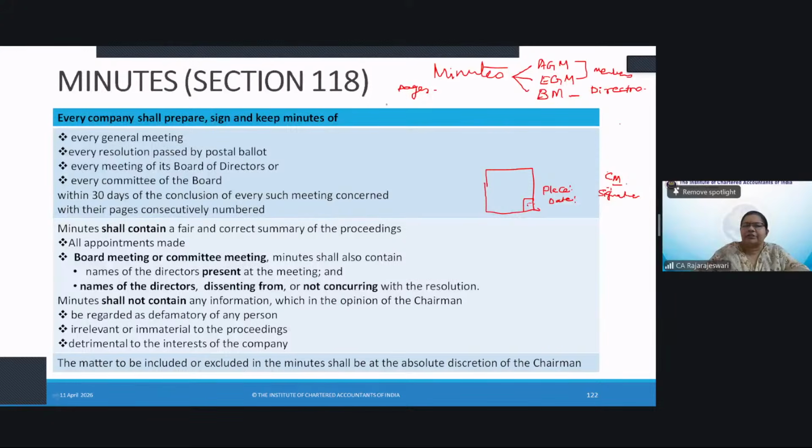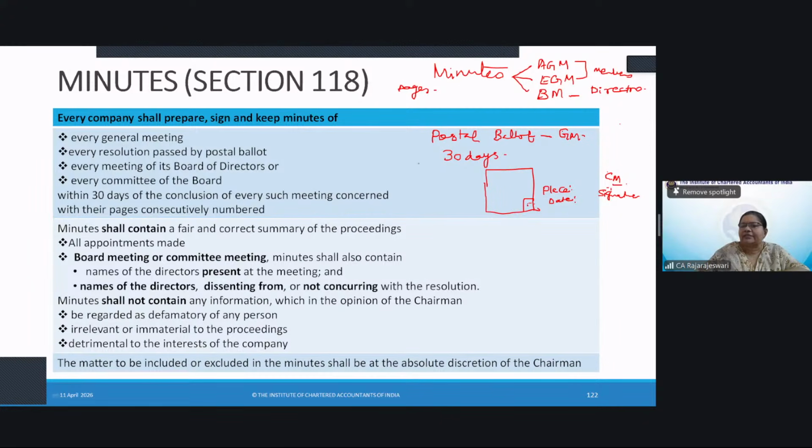It should be recorded. Now, if it is done by a postal ballot, even postal ballot is a part of the general meeting, right? Even if the resolutions are passed by postal ballot, that will be part of the general meeting. Either it is AGM or EGM, you just record the minutes there. And minutes should be recorded within 30 days of the conclusion of the meeting.